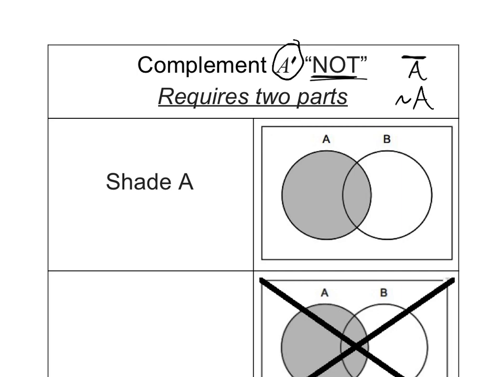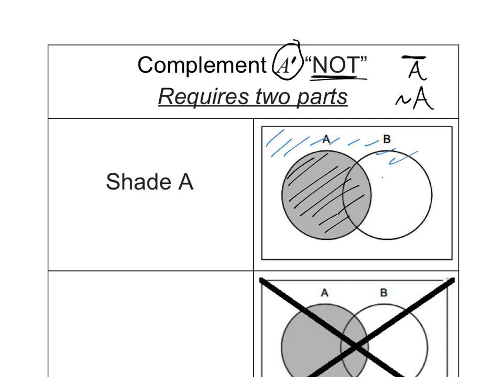Okay, so how do we find the complement of A? Well, the first thing that we do is we shade in set A. Now look at what I've shaded in, and maybe more specifically, look at what I have not shaded in.